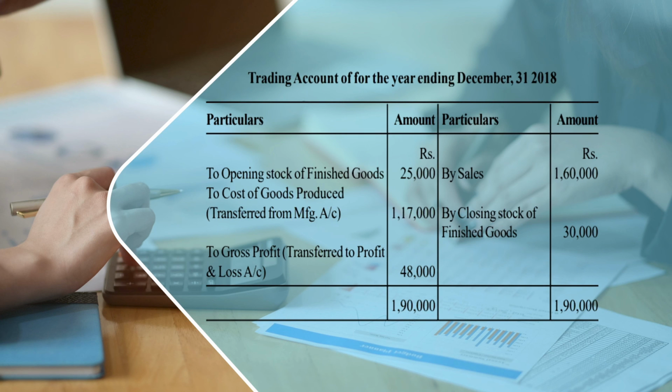So this is all about preparing the manufacturing account and preparing the final accounts with the help of the information given. So I am sure that this discussion will definitely have made the learners understand the distinction between the trading account and manufacturing account.